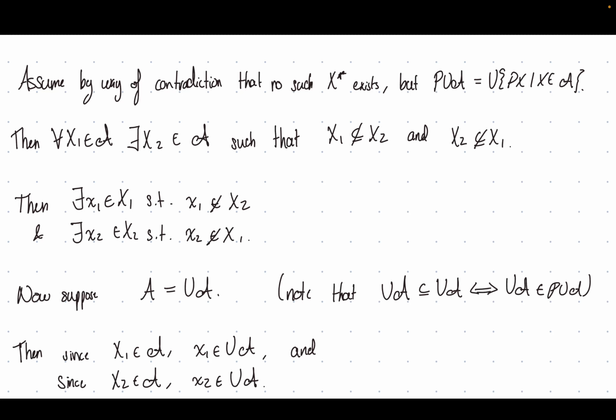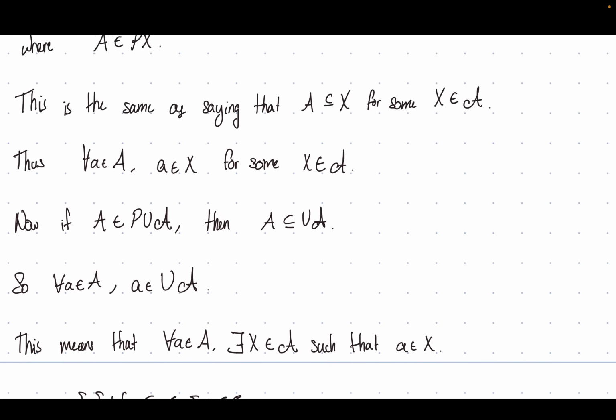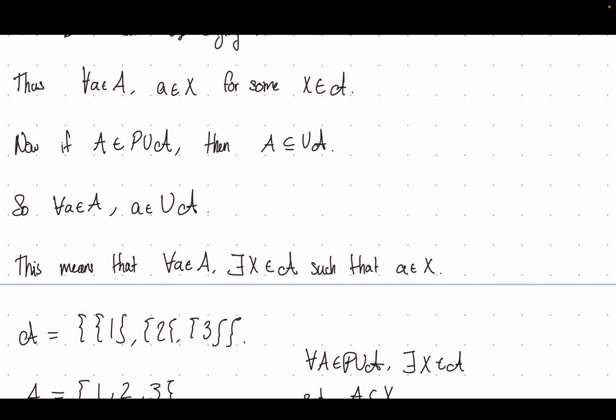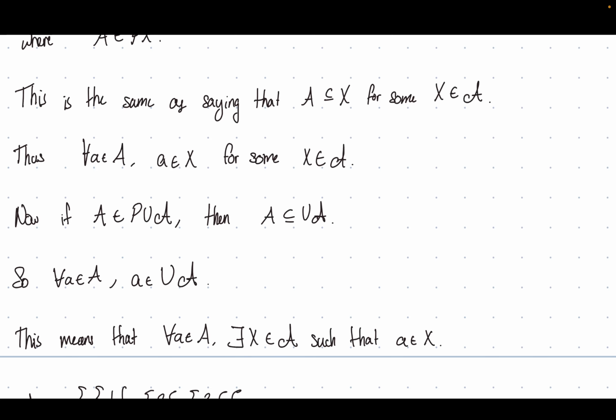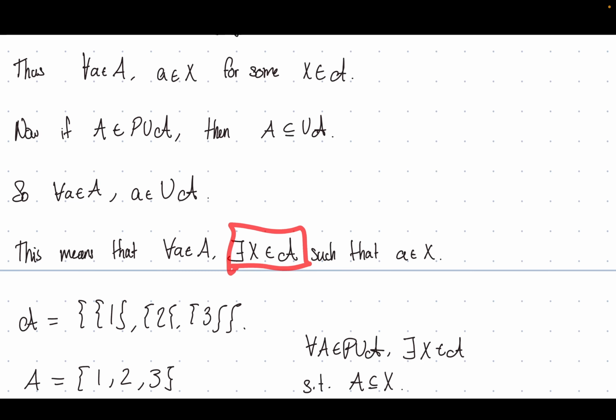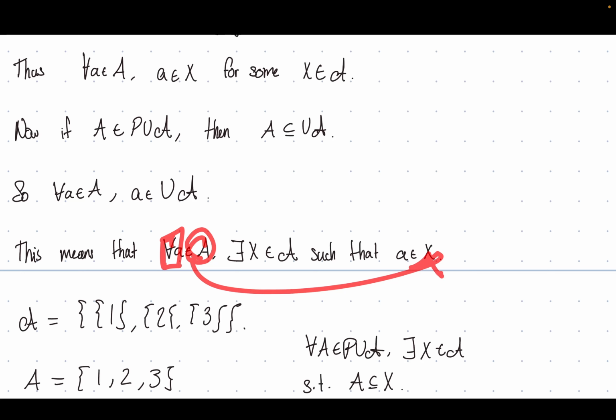And let me just recap a little bit. What's important to know for this part is that the condition that we're looking for is that there exists some x in script A such that big A is a subset of x, meaning that there exists some x in script A such that every little a in big A is in that x.